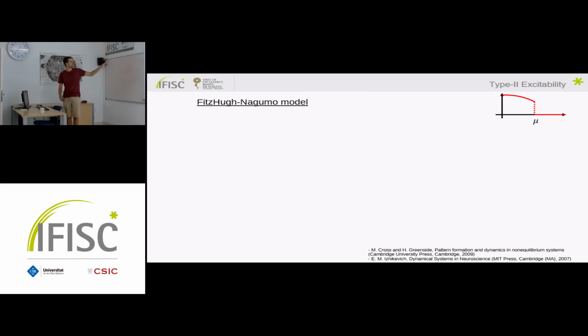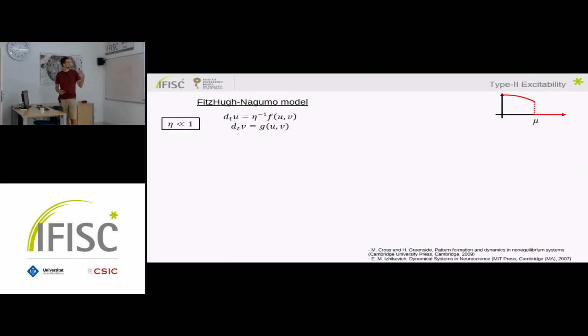So FitzHugh-Nagumo, as I said, is a model. Here we have two different variables that change in time. And there are two different time scales that are given by this parameter eta here. So eta is a very small number. And this makes one of the variables, here the u, have very fast dynamics, while the other has very slow dynamics.